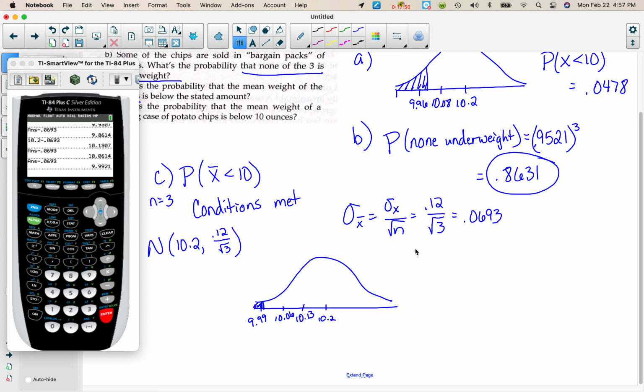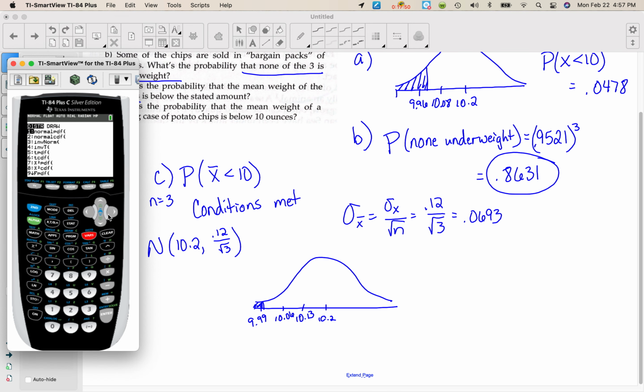So the probability of it being underweight, and again, if I do normal CDF, my lower bound, negative 10 to the 99. I think I had that in there, didn't I? My upper bound, my mean, the only thing that changes is my standard deviation. I'm going to put 0.0693. Don't just round it to 0.07. At least go 4 places, or else type in 0.12 divided by the square root of 3. That's even better.